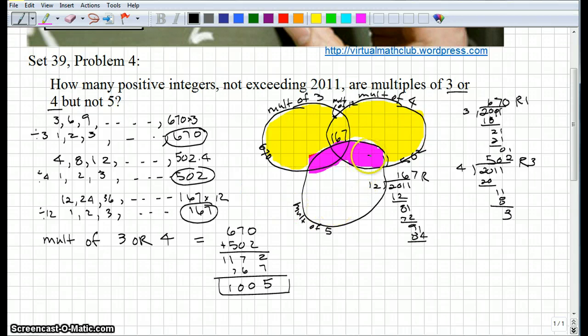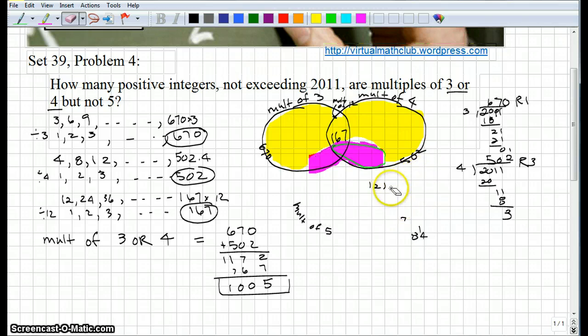So we need to figure out, first of all, what are these sets? So this football shape here represents the multiples of 4 and 5. Let me get rid of some of this division here because it's getting in my way. Oops, there goes my circle. Hang on, let me redraw my circle.